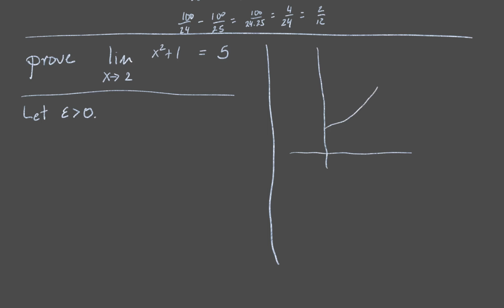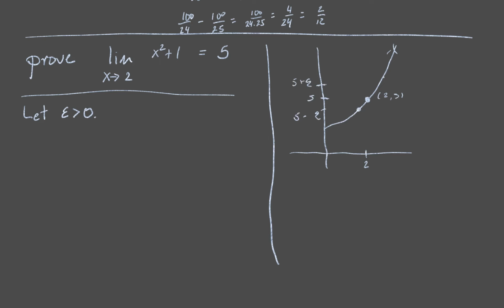I've got x squared plus 1. I'm over here at 2. So this is at the point 2, 5. And I'm going to go up epsilon, and I'm going to go down epsilon. So this is at 5. This is 5 plus epsilon and 5 minus epsilon.